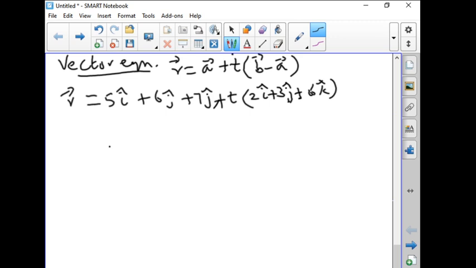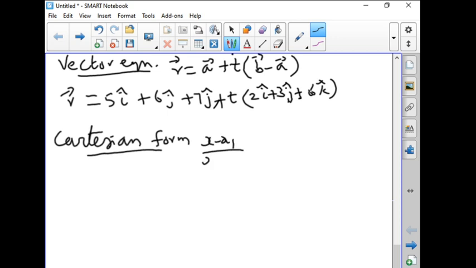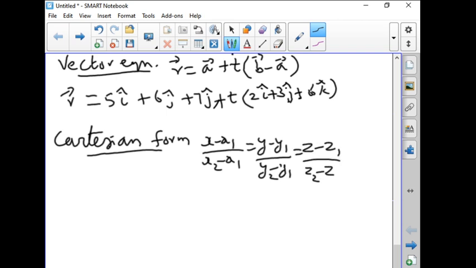So what about the Cartesian form? Cartesian form: (x minus x1) by (x2 minus x1) is equal to (y minus y1) by (y2 minus y1) equal to (z minus z1) by (z2 minus z1).